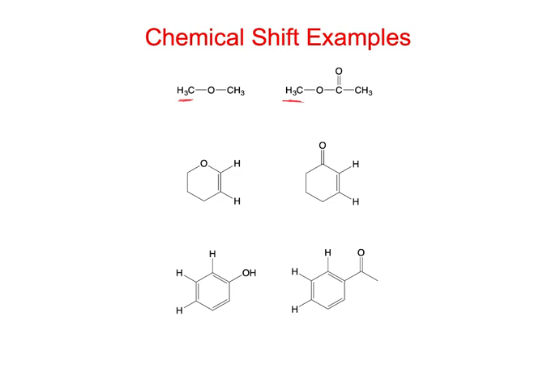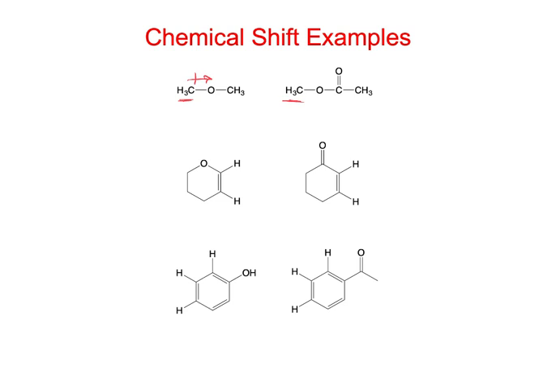Which one do you think would be more downfield just by looking at the structure? They're both going to have some dipole pulling electron density away. Well, I think it's stronger. Which one's stronger? The ester.